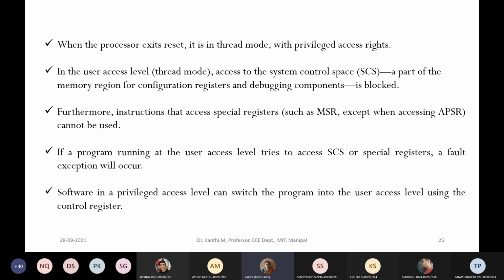The special register instructions like MSR cannot be used. If a program running at the user access level tries to access the system control space, a fault occurs, because you are trying to access a space which is not allowed, which will cause an exception.